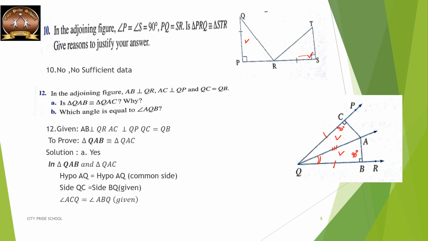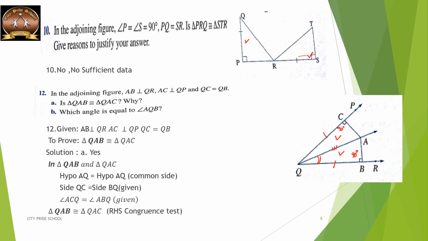So this hypotenuse, that is AQ, will be common to both these triangles. Now side QC is equal to side BQ, that is given, and it is also told that angle ACQ is equal to angle ABQ, that is equal to 90 degree. So I have just written here, and now I can say that the two triangles are congruent by RHS congruence test.